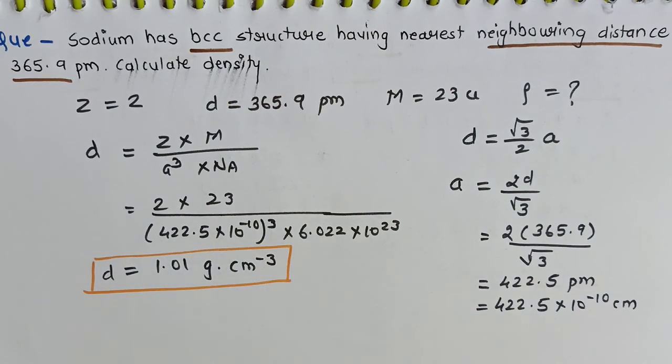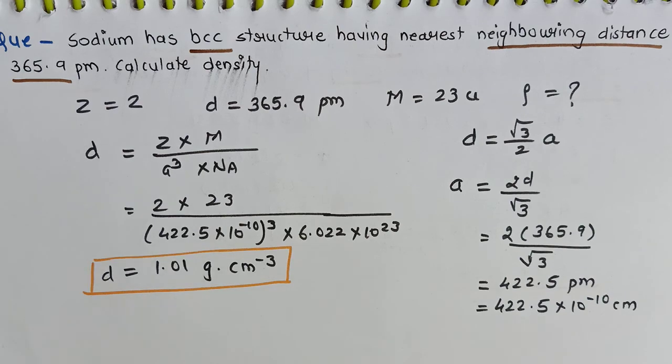Instead, you will calculate it, because the numerical is framed in such a way that the answer will vary. Either it will be 6.011, or exactly 6.0, or 6.044. And in that case, if you are directly writing the answer 6.022, your answer will be considered wrong.